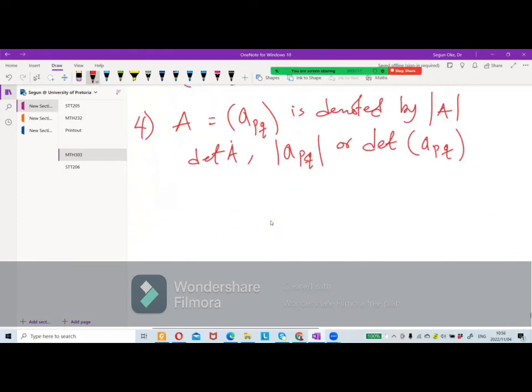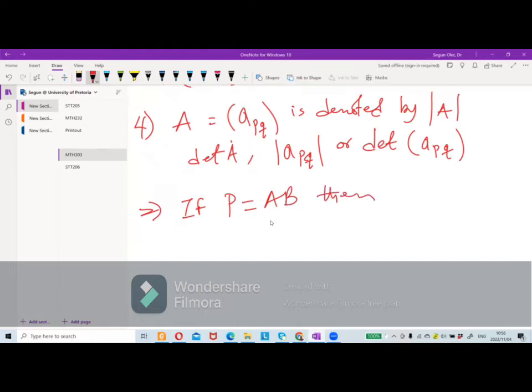If P equals AB, then the magnitude of P is equal to the magnitude of A times the magnitude of B.